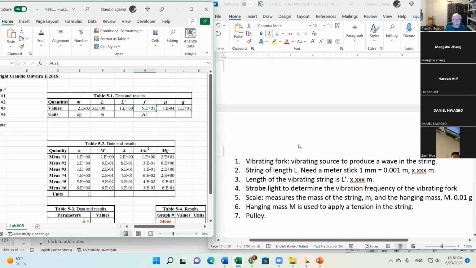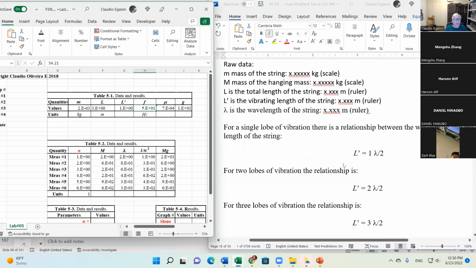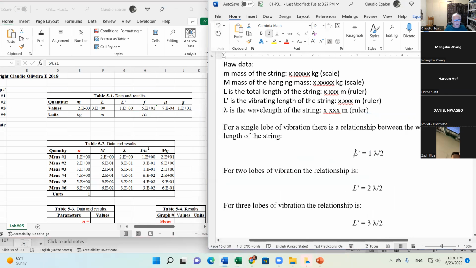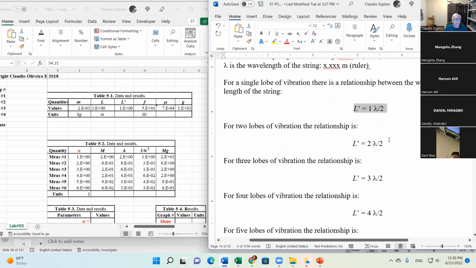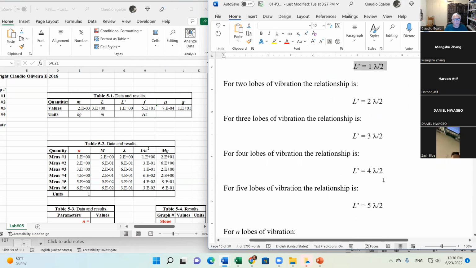Because what we are producing here is a standing wave, we know that the wavelength of the vibrating string is going to depend on the tension, and also depends on the type of mode that is excited. You can have a mode of 1 lambda over 2, 2 lambda over 2, right? Equal to the vibrating length, and so on.